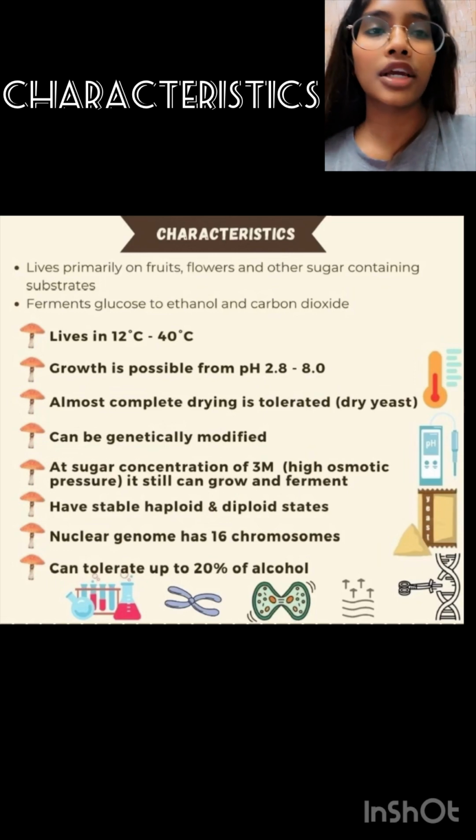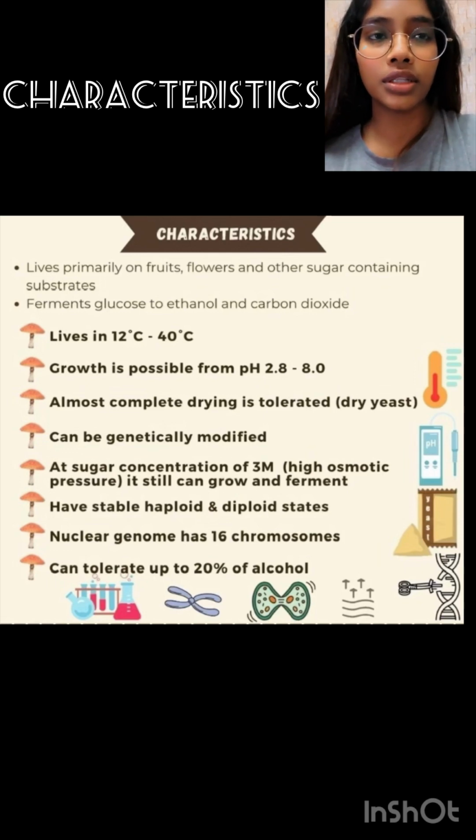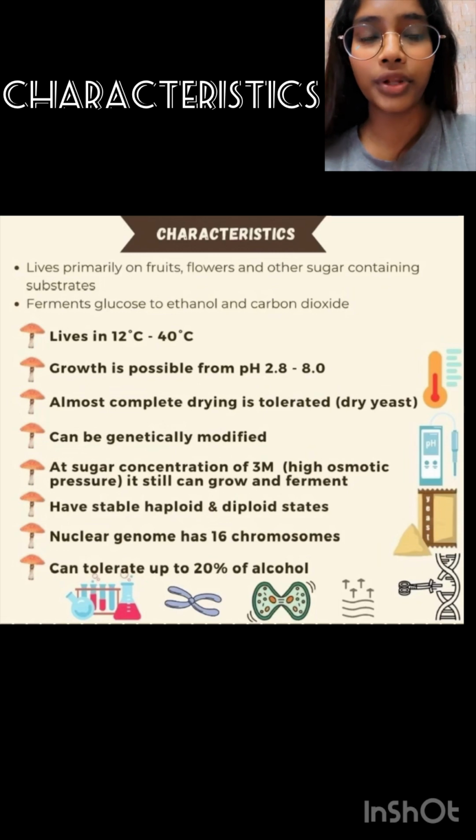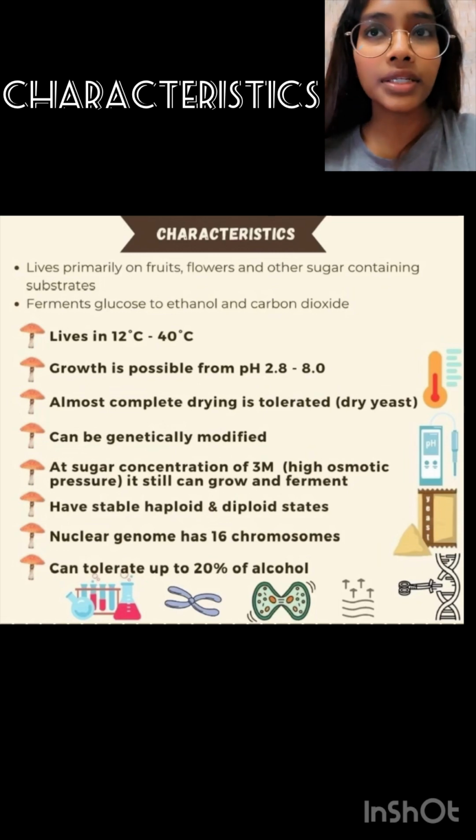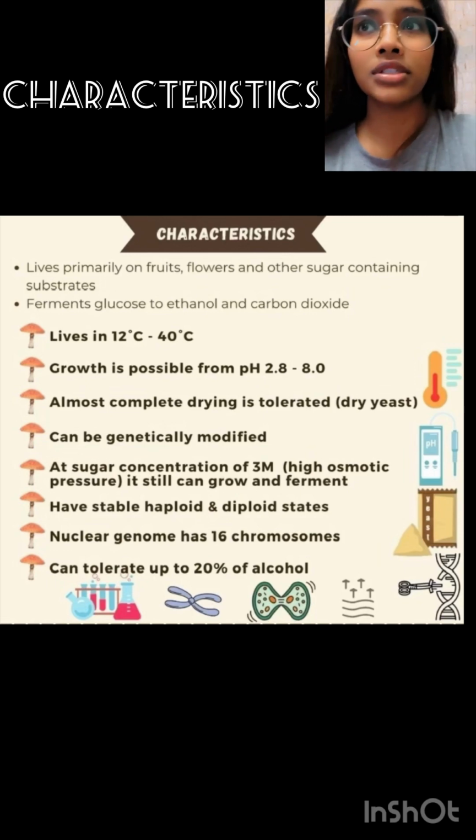Basically, this Saccharomyces cerevisiae can live in 12 to 40 degrees Celsius. It can also grow in a pH of 2.8 up to 8.0. Almost complete drying is tolerable for this Saccharomyces cerevisiae.